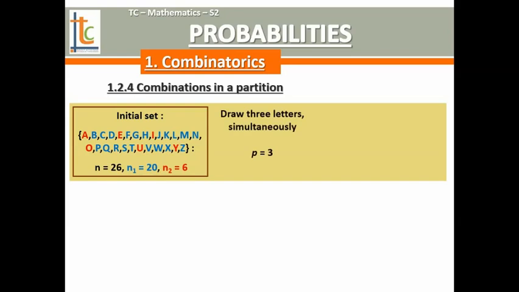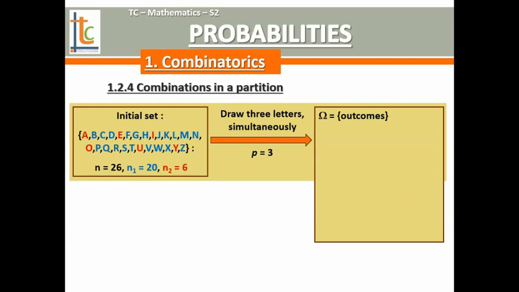If I take some elements from this set, for example 3 elements, drawn simultaneously, that means we are in the case of combinations. I could be interested in the number of consonants and vowels I could obtain among the 3 letters.